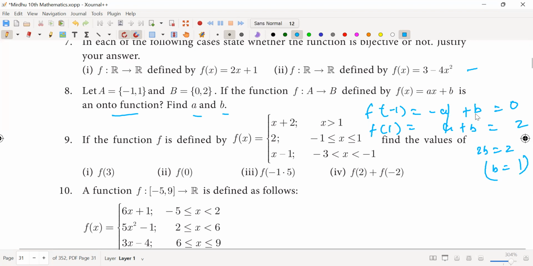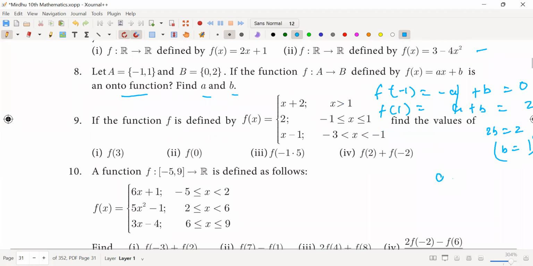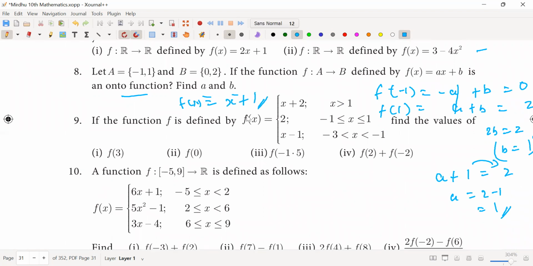When I substitute b equal to 1 in a plus b equal to 2, in place of b I write 1. So when this 1 goes here, a equal to 2 minus 1, it is also 1. So the format is f of x is x plus 1. All right, x plus 1, a equal to 1 and b equal to 1.